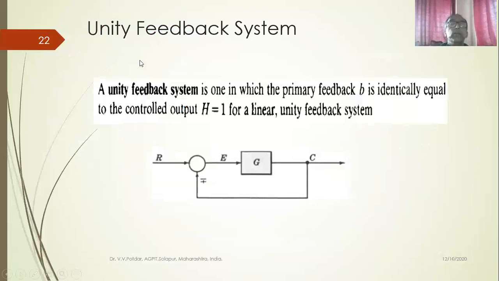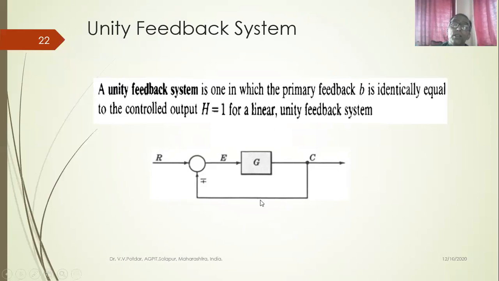One more definition, unity feedback system. What you can see, I have a regular block diagram, only the feedback block is missing, H is not there. So when there is no block, no transfer function H in the feedback loop, this is the unity feedback. This is the reference input, this is the forward path, this is the controlled output, and this is the feedback path. When there is no block of H, we say that H has a value of 1.